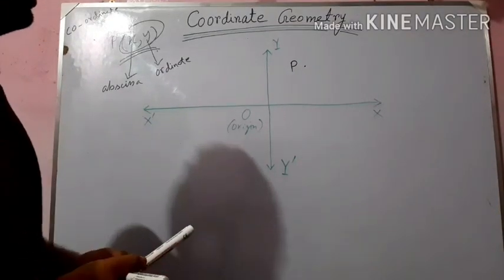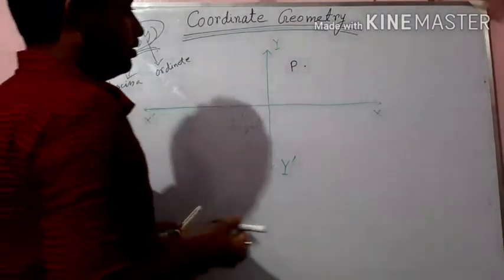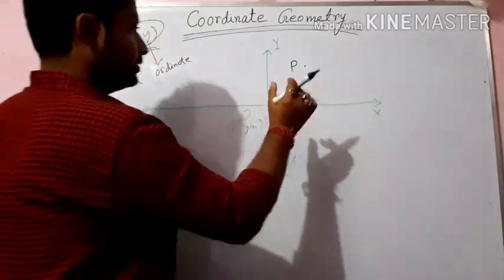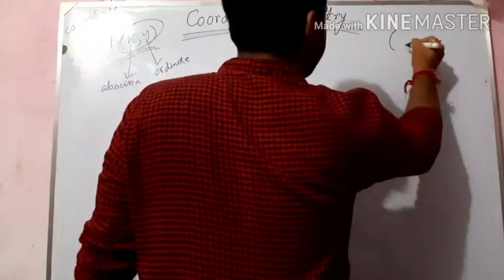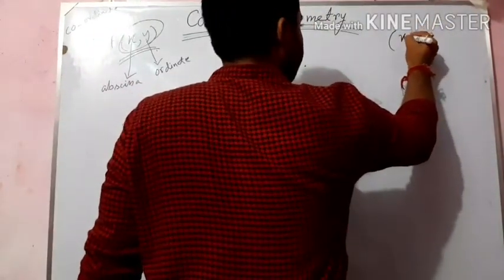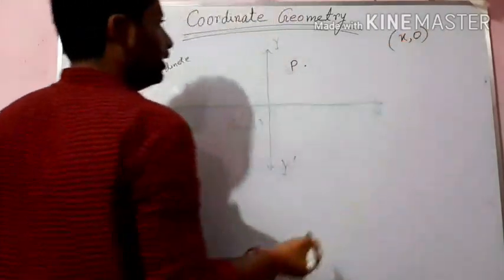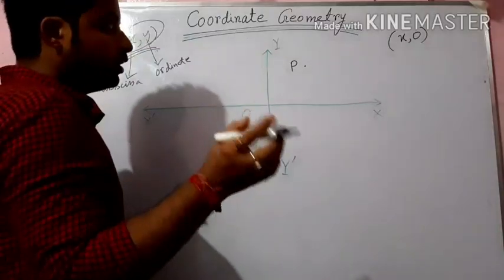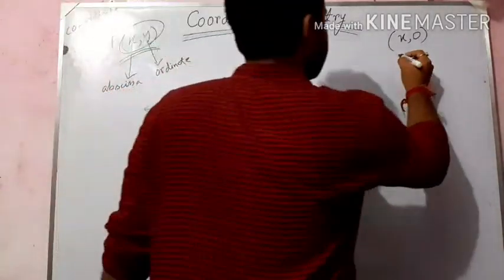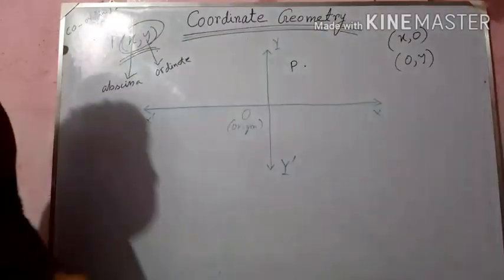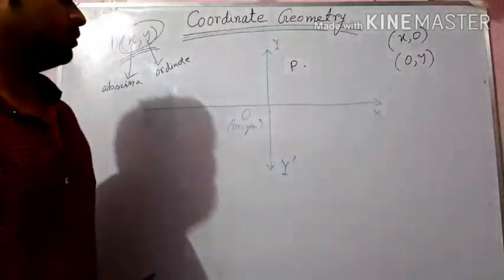Now the next thing is, any point lies on the x-axis, the coordinate of that particular point will be of the form x comma 0, and any point which lies on the y-axis, the coordinate of that particular point will be of the form 0 comma y. Okay, here x and y are variable.